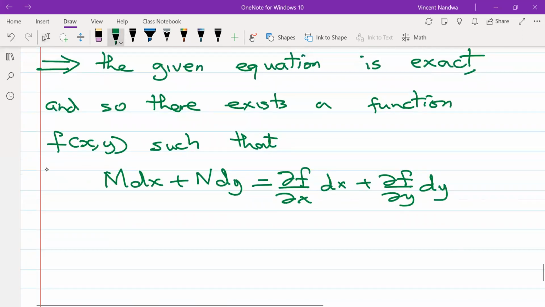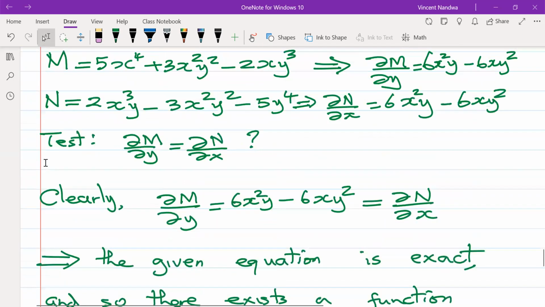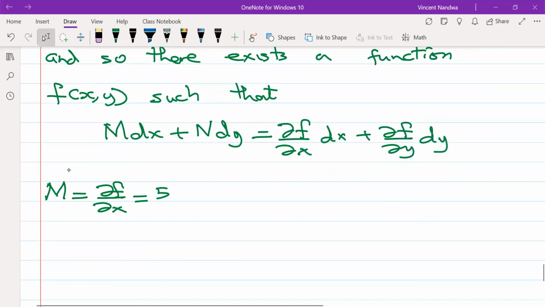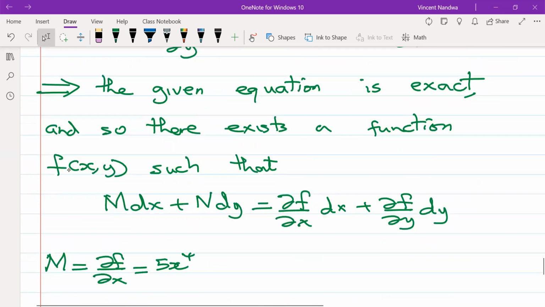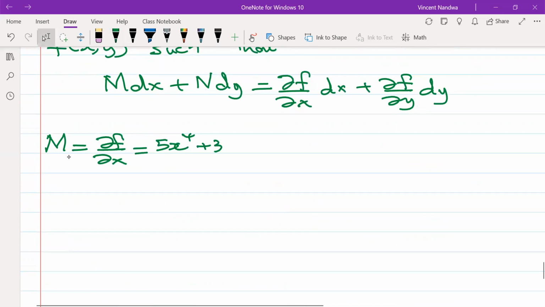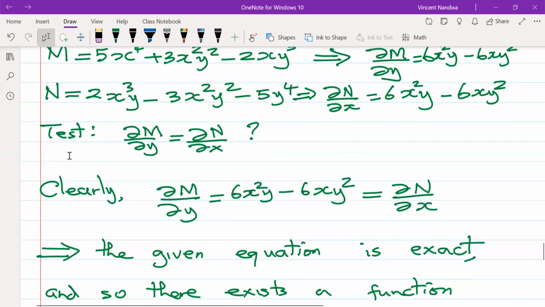So clearly this means that M is the same as partial f partial x, and if we relate M in this equation, 5x^4 + 3x^2y^2 - 2xy^3.